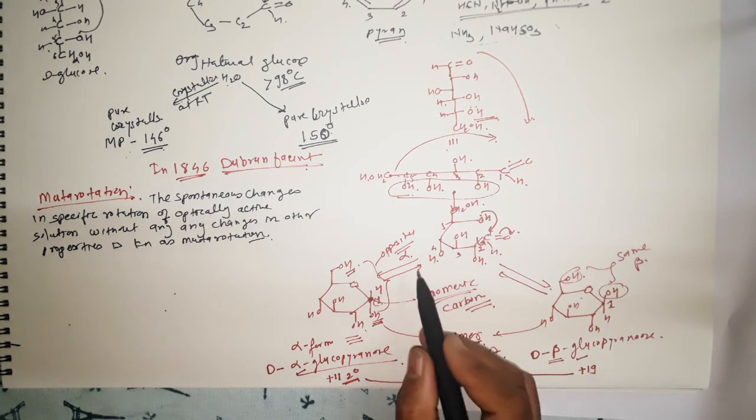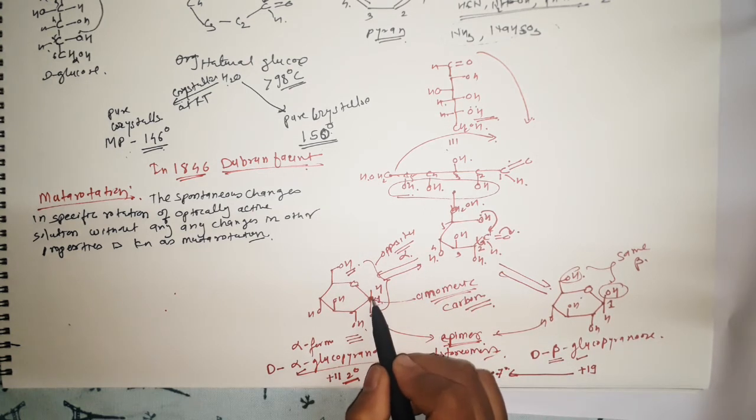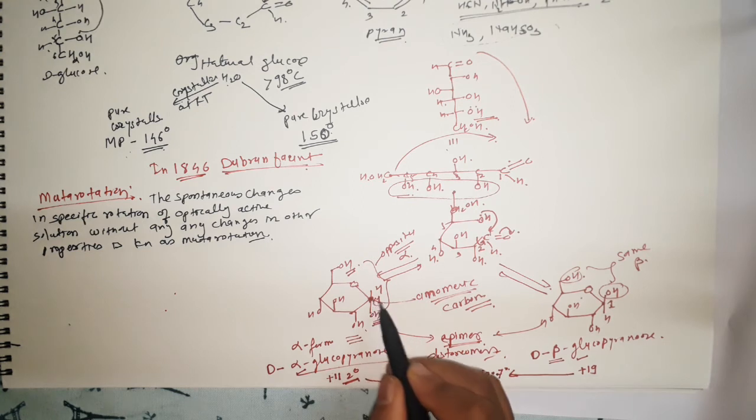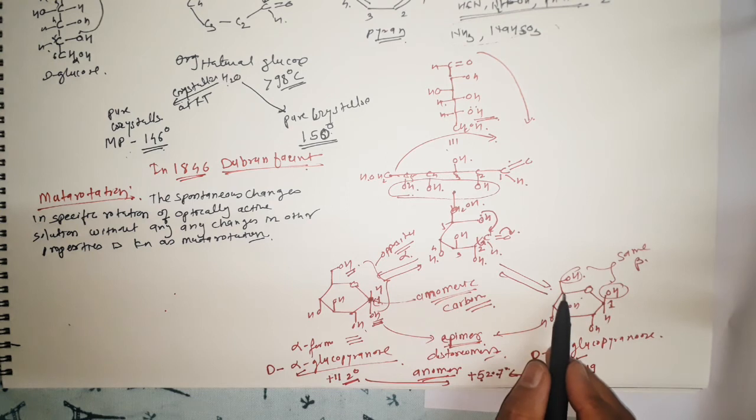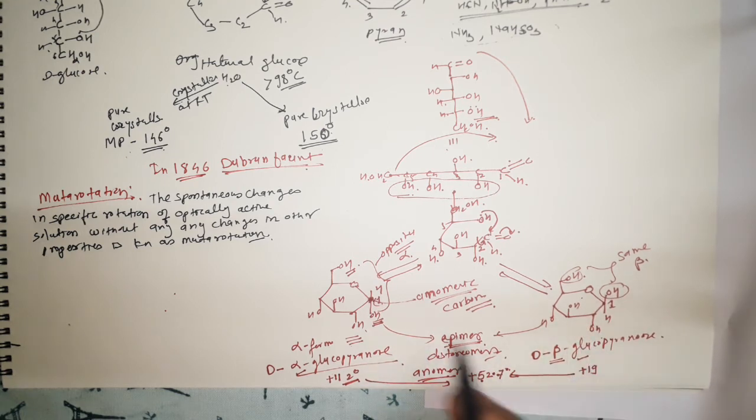Because of this hemiacetal formation, this C1 becomes a new asymmetric carbon atom, and therefore two stereoisomers are possible. These are the alpha form and beta form, and they are known as epimers or anomers because they differ only at one configuration, only at the C1 position.